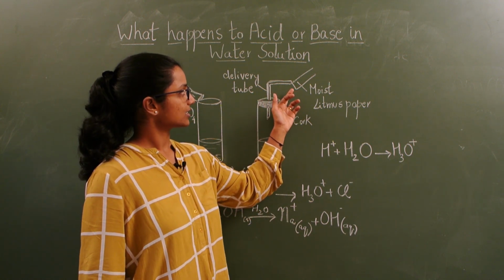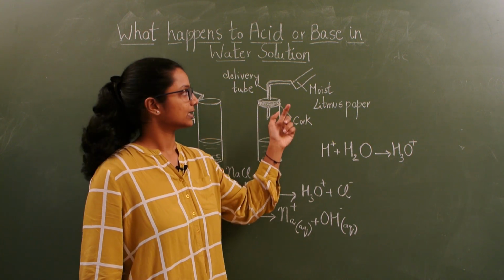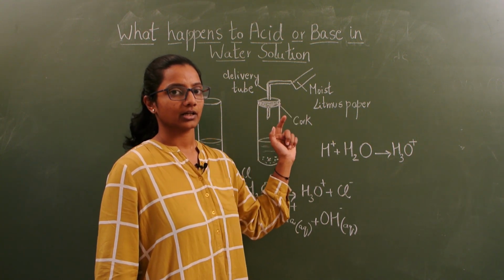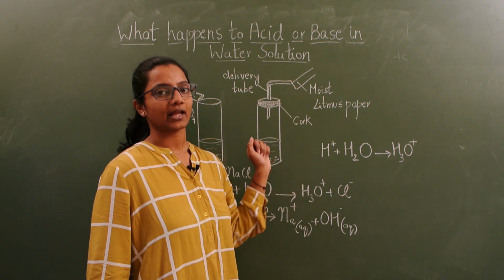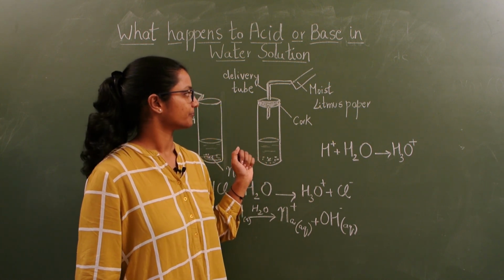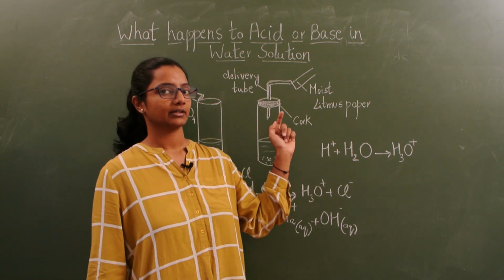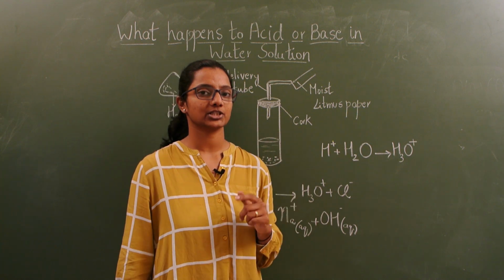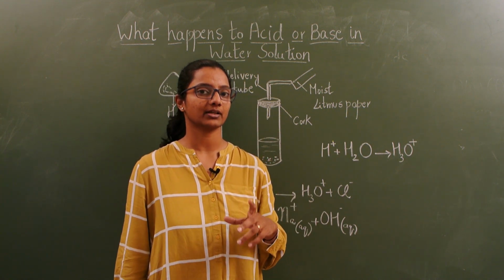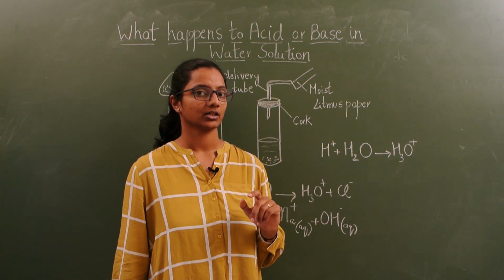This gas is tested with dry litmus paper and moist litmus paper. You will observe that the litmus paper changes its color only when it is in the moist state.